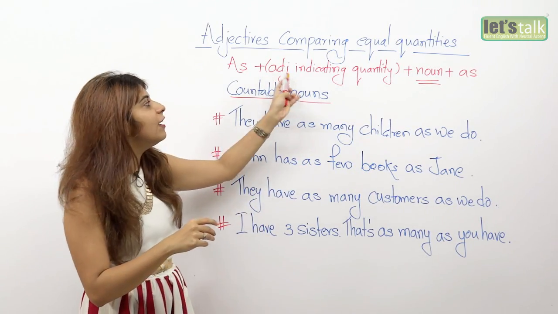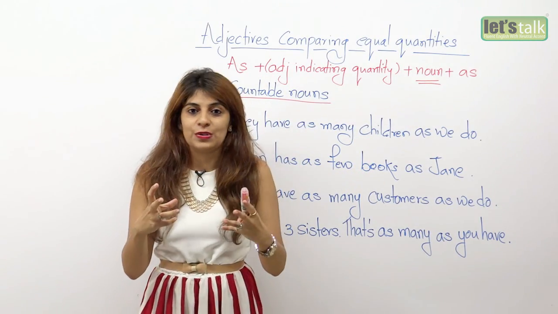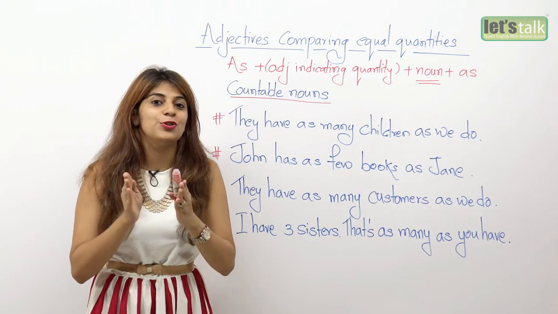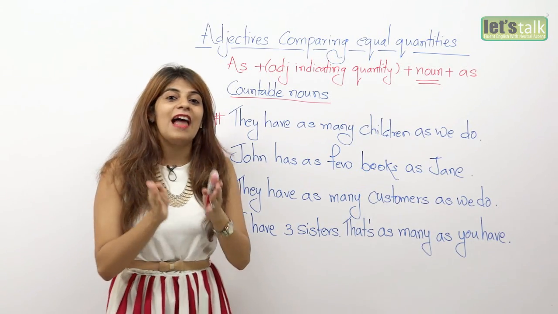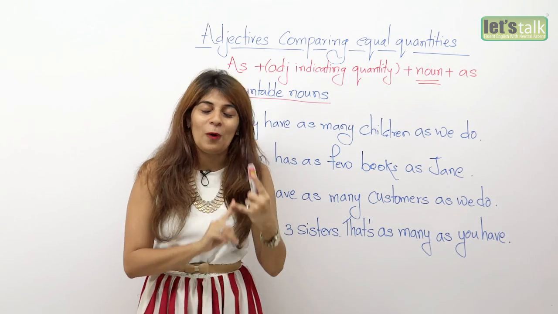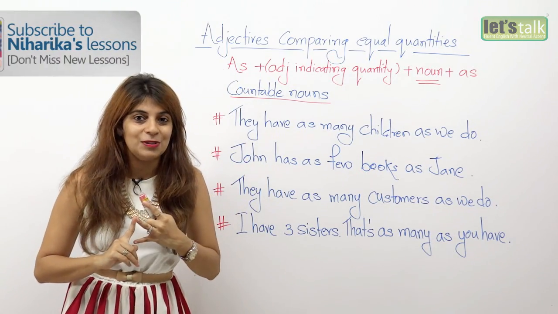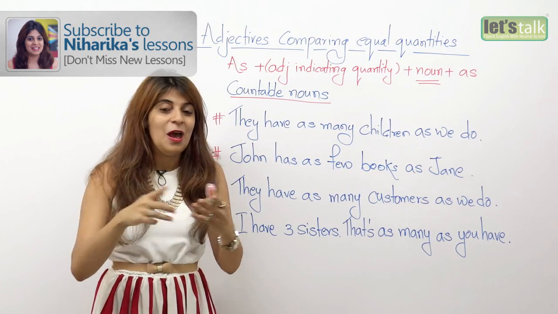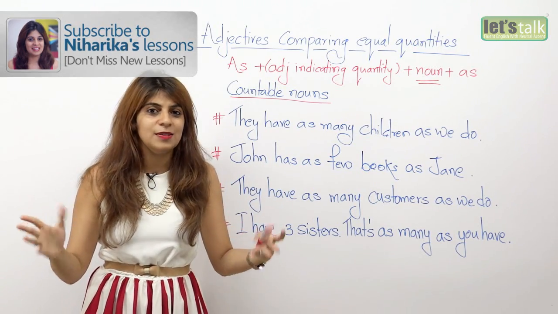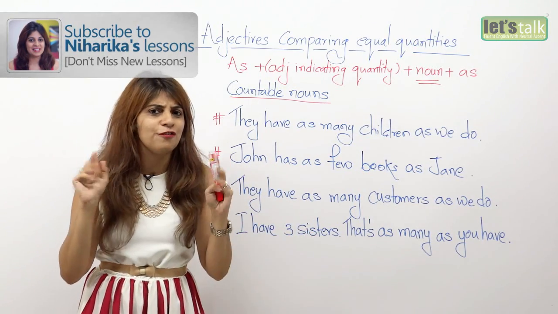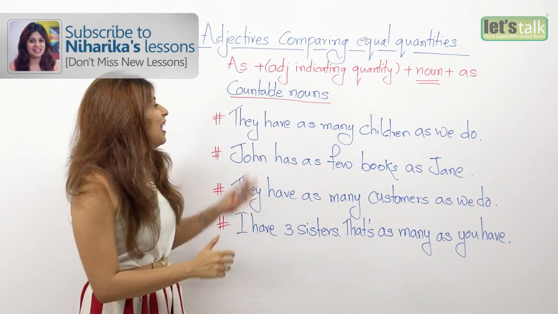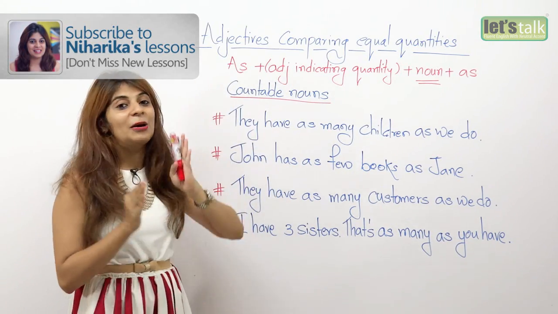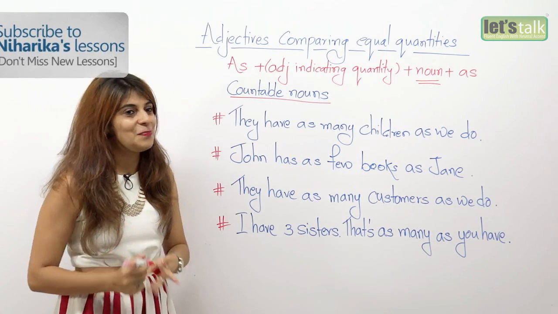The type of adjective that you use indicating quantity always depends on the noun that you're comparing, whether that noun is countable or uncountable. Countable nouns are the nouns that you can count, whereas uncountable are the nouns that you can't really count on your fingers. So let's get started with some examples comparing countable nouns.